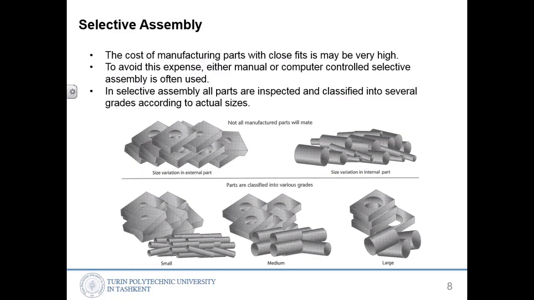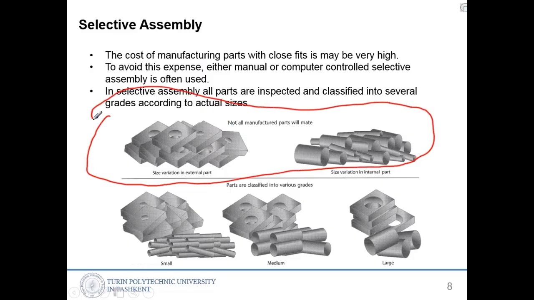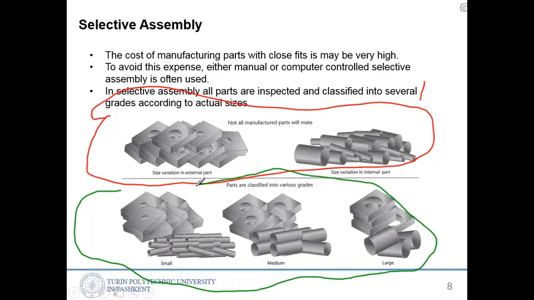There are 2 examples given. This one is the first example, and at the bottom there is a second example. In the first example, we are producing parts with holes, and we are putting them in one place.